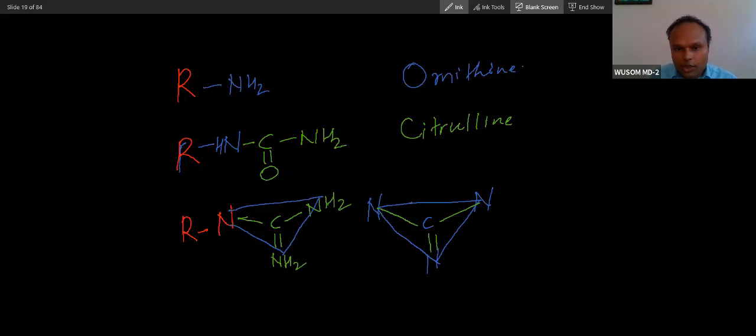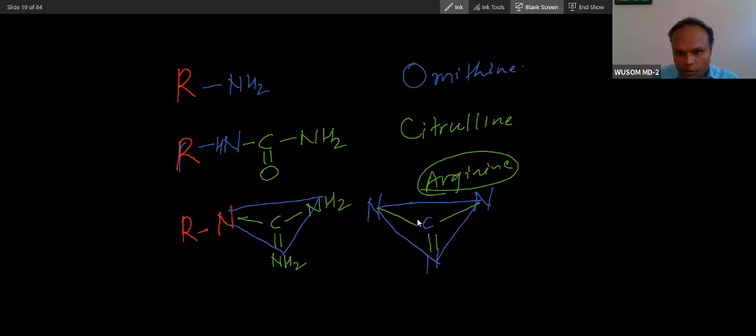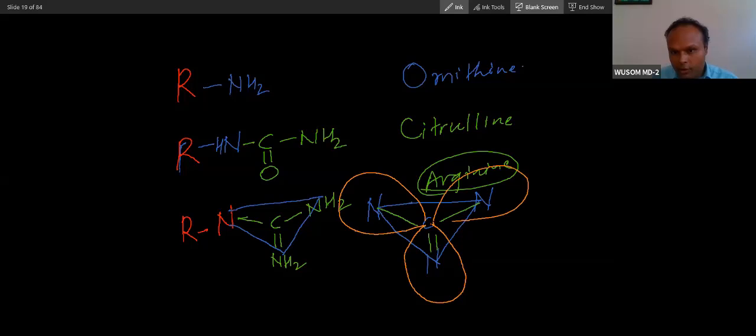I'm also teaching you the structure of arginine in this way. You can make a flower out of this group: 3 petals here, 3 petals here. A very beautiful structure. This flower-like guanidino group is the group of arginine.